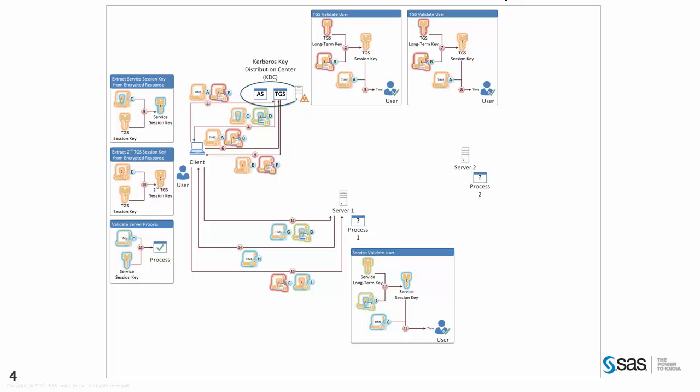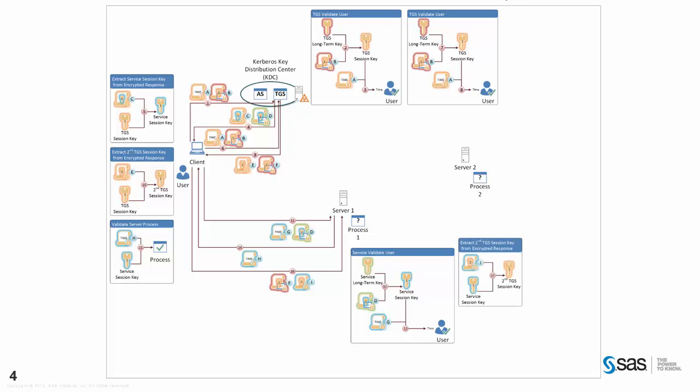The TGS session key is encrypted using the service session key shared between the client and the service. Just as with the KRB AP request and response, this is most often wrapped inside the protocol used to connect to the service.